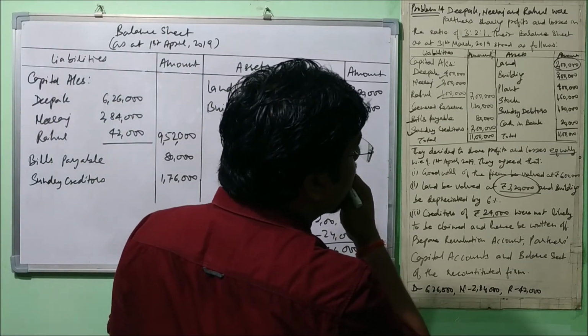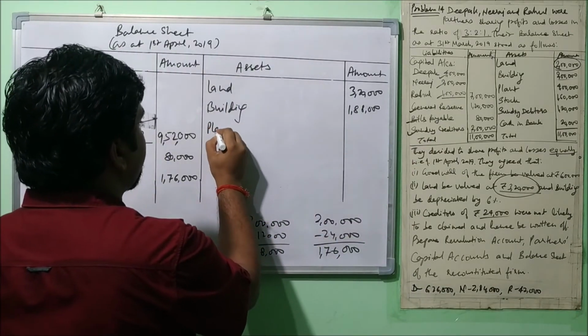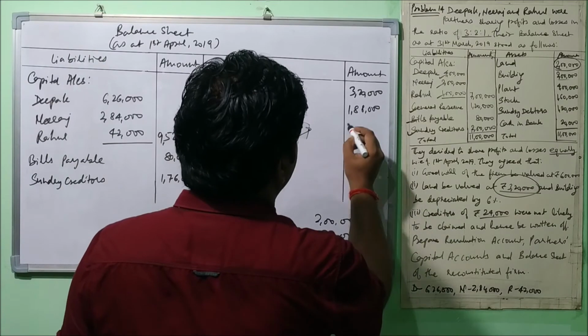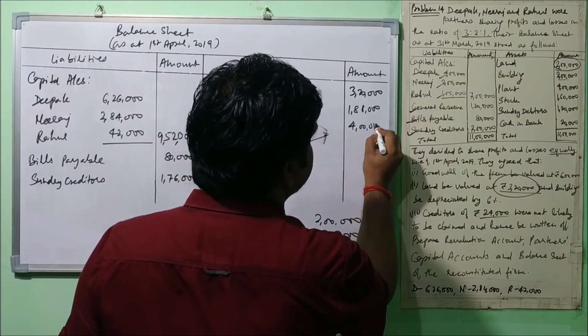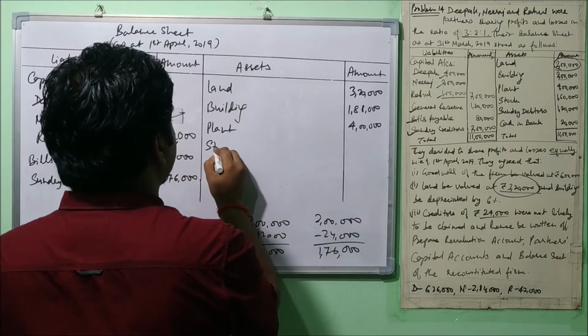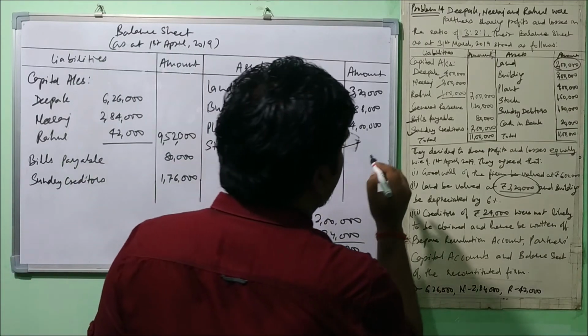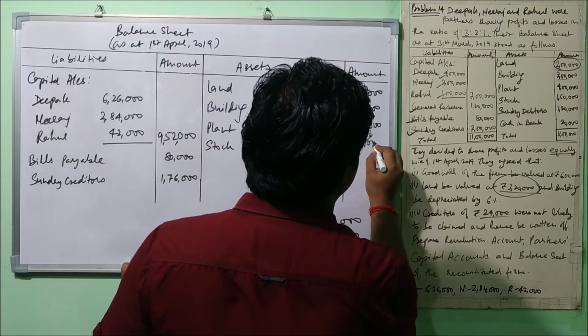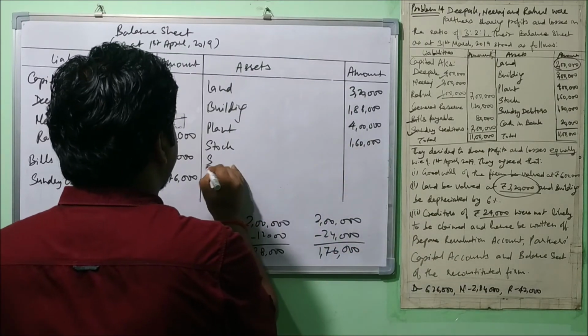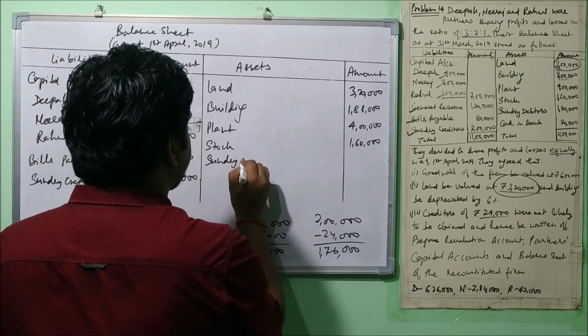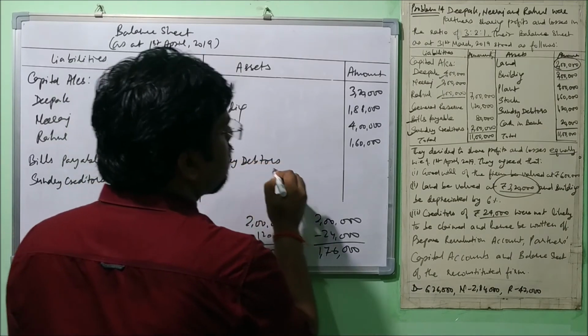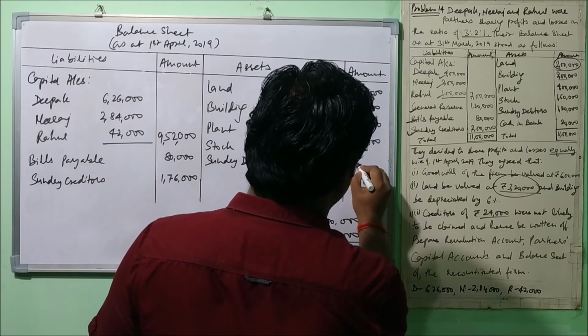Fine. Now plant, no change has happened in the value of plant. So the plant, 4 lakh, will remain as it is. Okay, stock, there is no change in the value of stock, 1,60,000. Sundry debtors, there is no change in the value of sundry debtors, right?